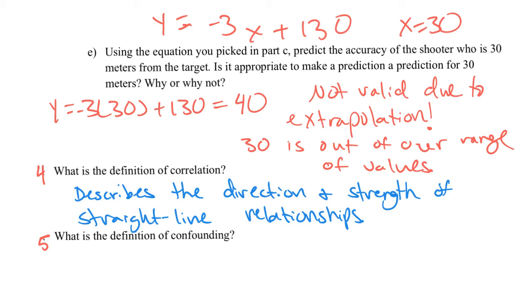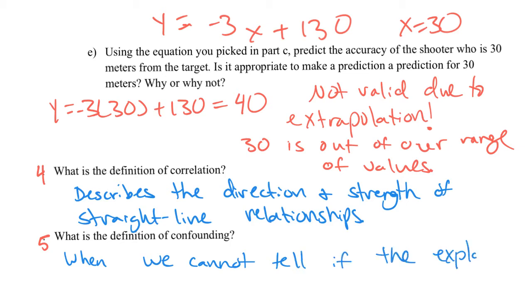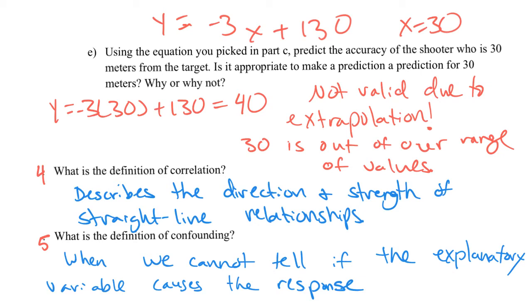Now, confounding, that is when we cannot tell if the explanatory variable causes the response or if a lurking variable does.